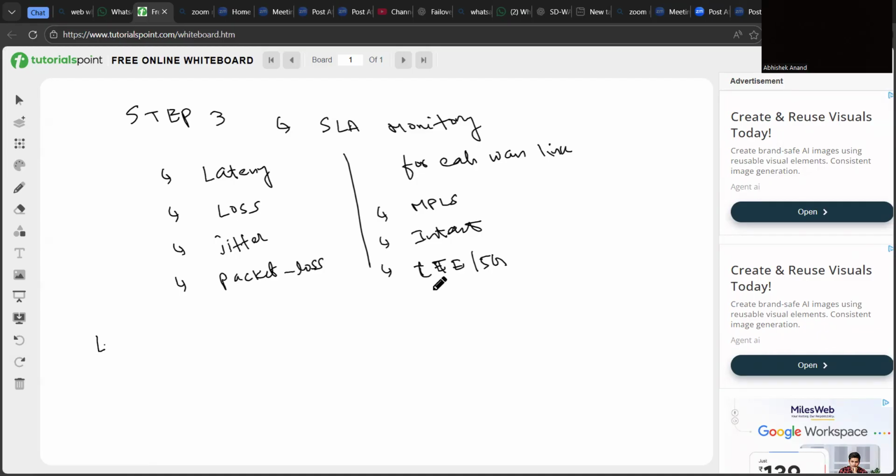And this is through your app aware routing, right? This is the magic, app aware routing.